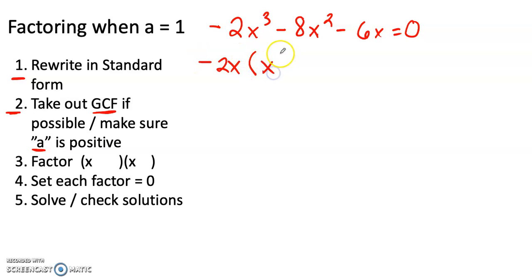By doing that, we now get x squared, and so our coefficient here would be 1, but it's also positive, which is nice and friendly. And then if I divide by negative 2x here, I get a positive 4x, and then if I divide by negative 2x here, I get a positive 3.